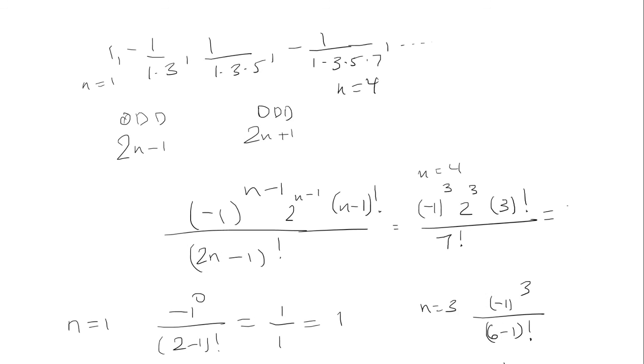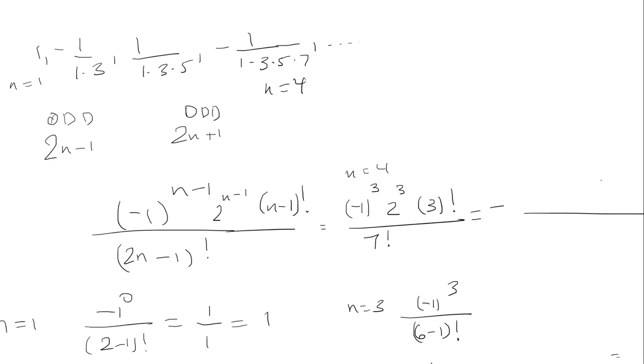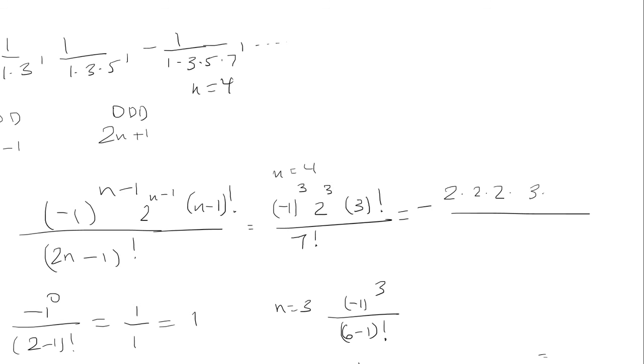We know that negative 1 cubed is negative 1, so we have a negative outside. Let's see. I'm just going to write it like this. 2 cubed is 2 times itself 3 times. And then 3 factorial is 3 times 2 times 1. 7 factorial is this.